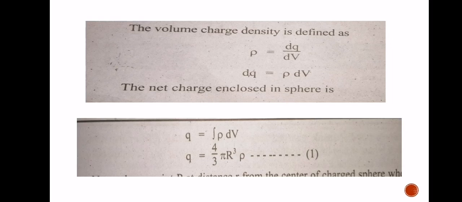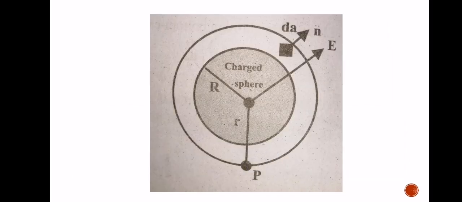That is the charge enclosed in the sphere of radius R. Now take a point P at which you have to evaluate the electric field intensity, at a distance r from the center of the charged sphere. Imagine a Gaussian surface in the shape of a sphere such that point P lies on its surface, enclosing the charged sphere.